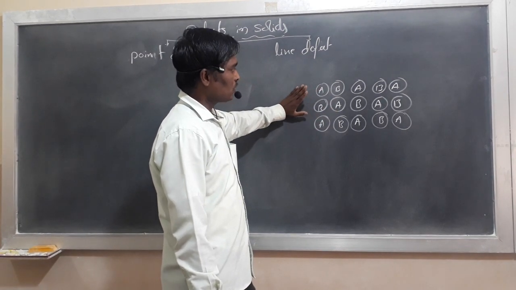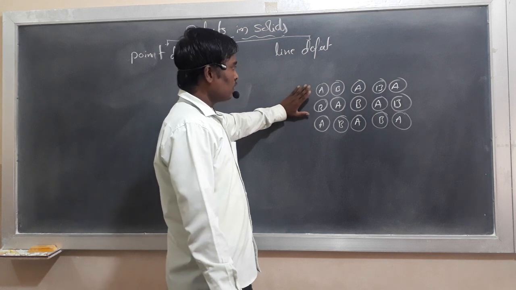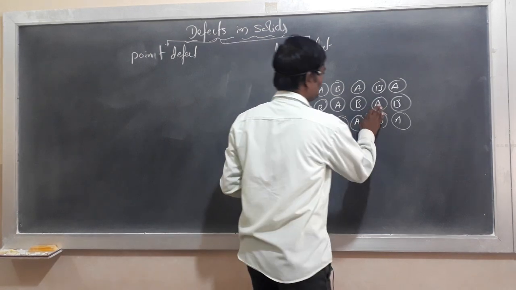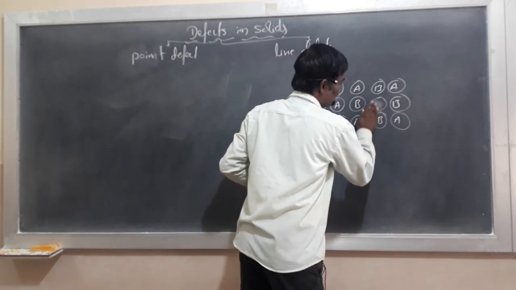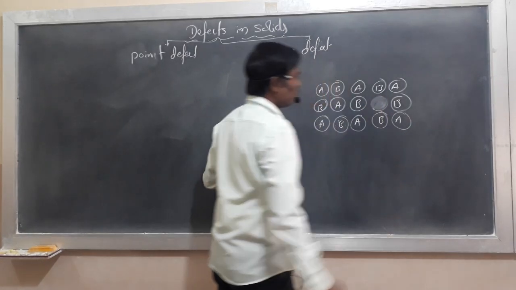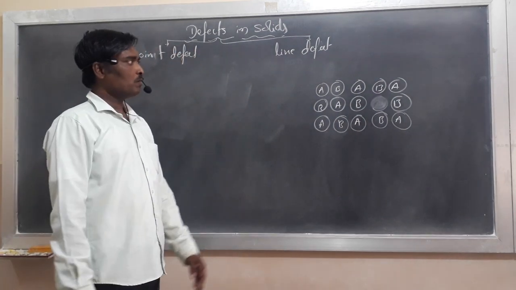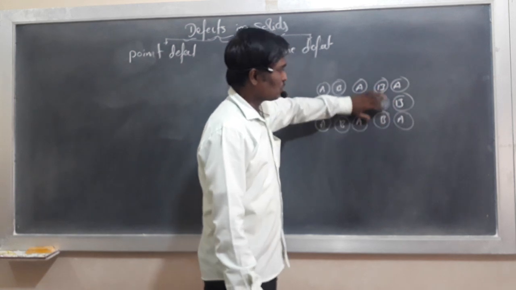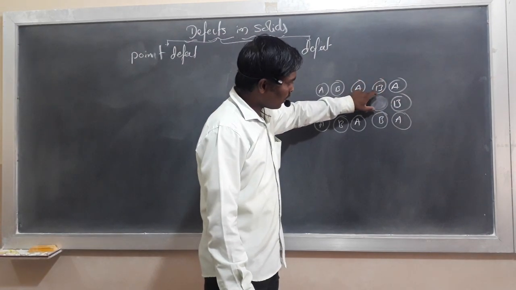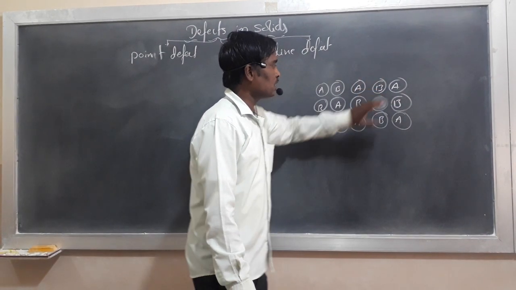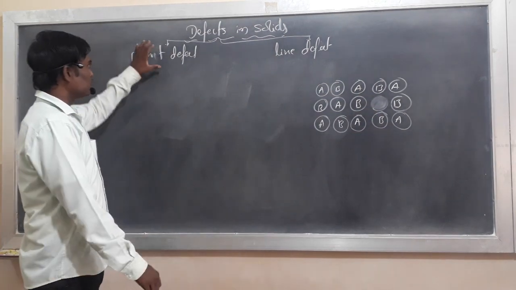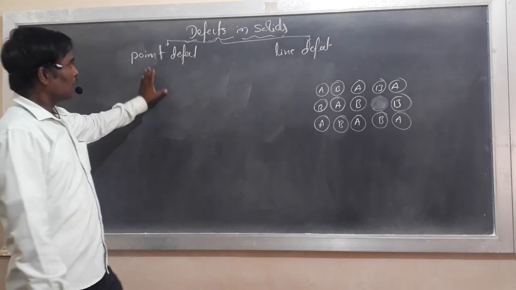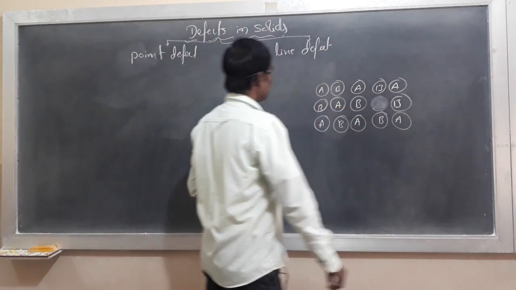If some lattice points are vacant, for example, at some lattice points no particles are present, no atoms are present, then this is a defect around a lattice point. One particle is missing from its lattice point, so we call it a point defect, that means an imperfection at a lattice point.